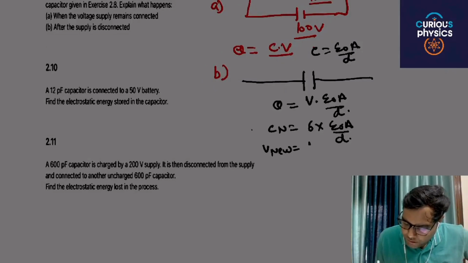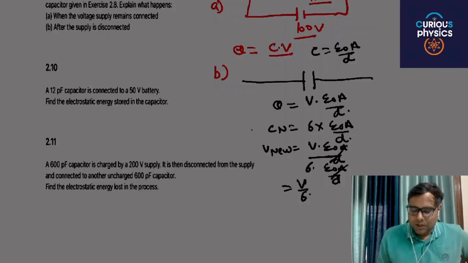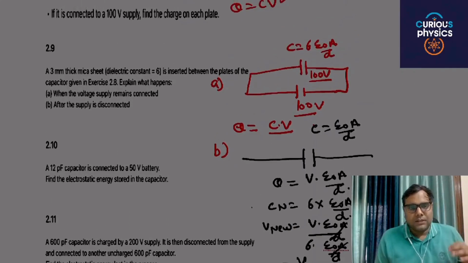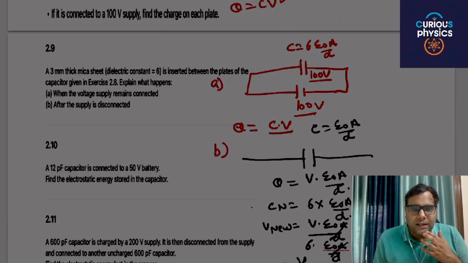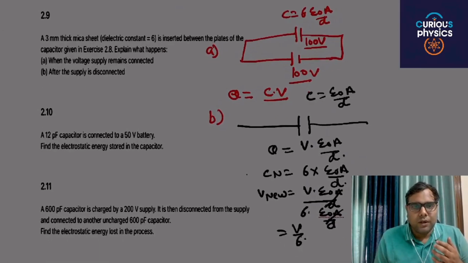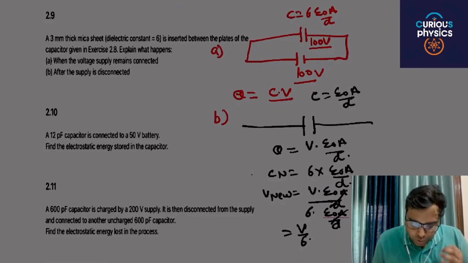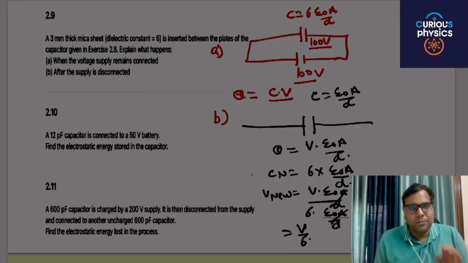Q is V epsilon naught A by D divided by C, and C is 6 epsilon naught A by D. This will cancel each other, and you will get V by 6. So this is the most important question, and you have to understand question 2.9 very well.